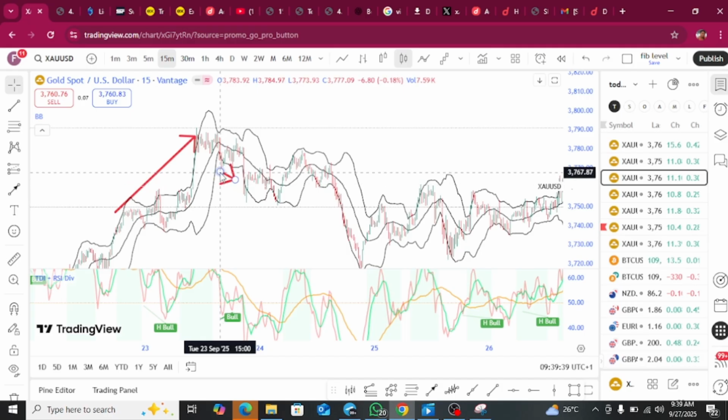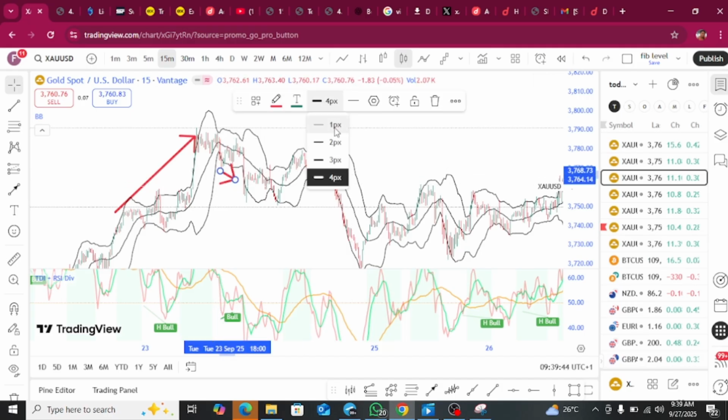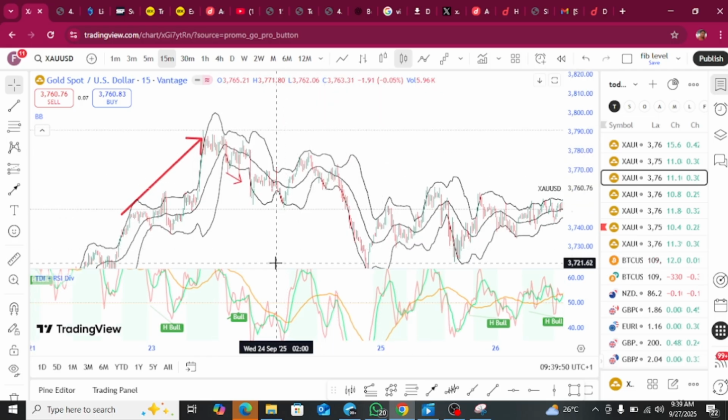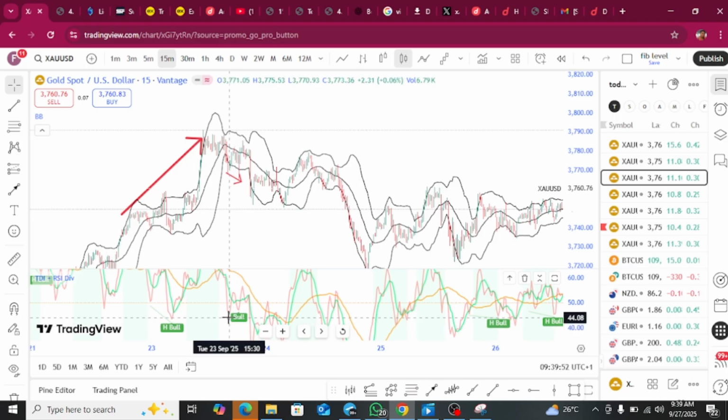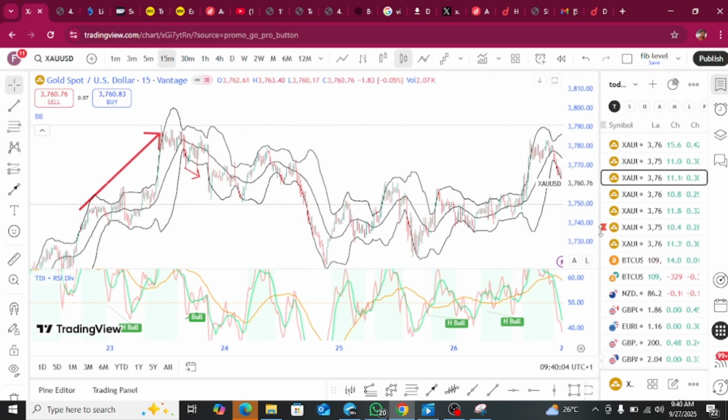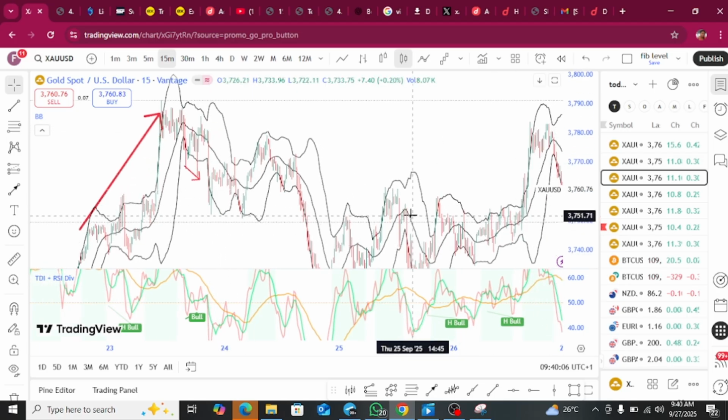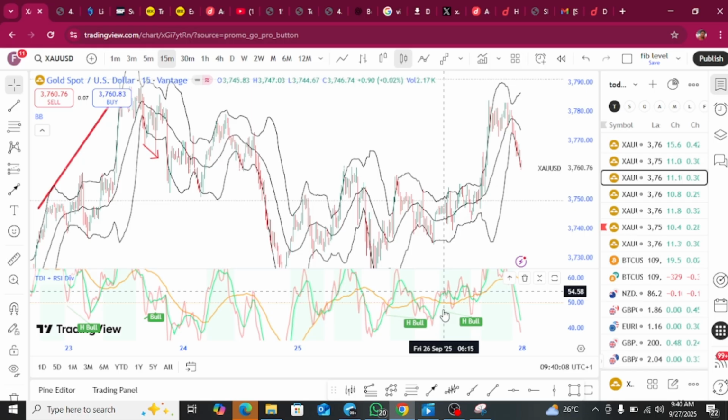This is a new low. Price made a lower low and then RSI made a higher low here. So this is a divergence. This is a bullish divergence, which is what the institutions are looking out for. That's one of the things they look out for.